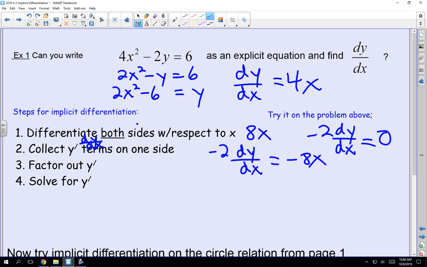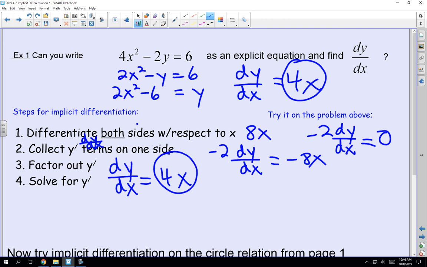So everything that doesn't have a dy dx, we just move it to the other side. Keep all the dy dx's together, and oftentimes you'll have to factor out a dy dx. In this case, we don't, so there's only one of them. So factor out a dy dx or solve for dy dx. So by dividing each side, we get dy dx equals negative 8 divided by negative 2, which is positive 4x. Same thing we got up here. So they are equivalent, at least in that case.